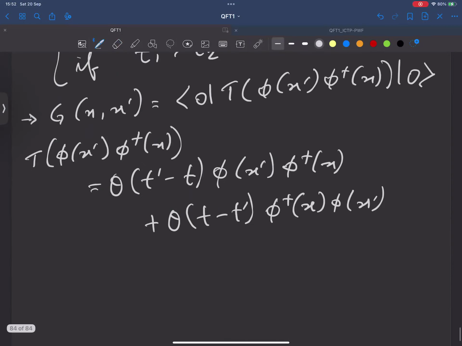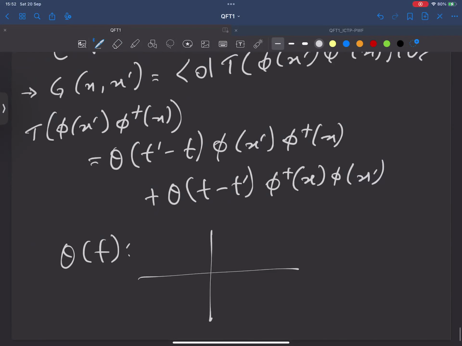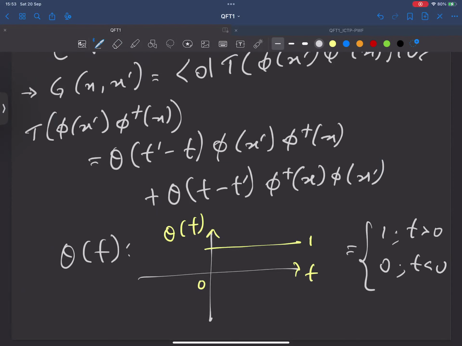Theta of t is a function which you can graphically draw like this. It's just 1 when you have t greater than 0 and 0 if you have t less than 0.